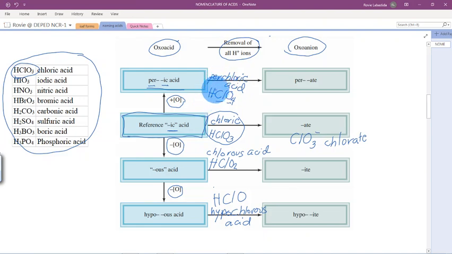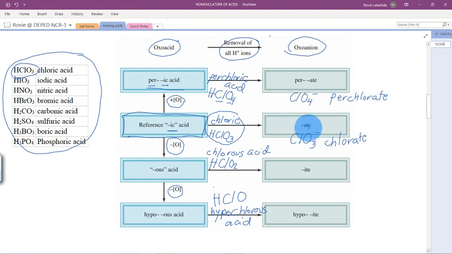Now, if we remove the hydrogen atom from the formula in perchloric acid, it will become ClO4. Again, what is the net charge? It is also 1 negative, because the acid only yields 1 hydrogen ion. So it will become ClO4 negative, or we call this perchlorate.